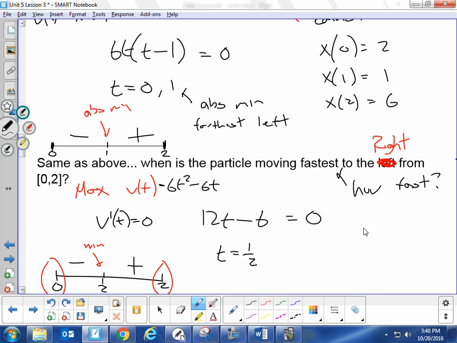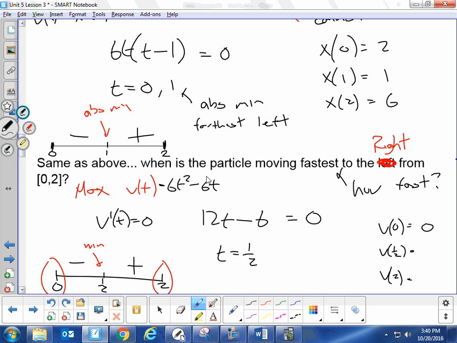Now all you could have done as well is just compare your candidates using the candidates test. Check at your different locations. Your velocity at 0 ends up being 0. Your velocity at 1/2 is 6 times 1/4, which is 3/2, and then minus 3.